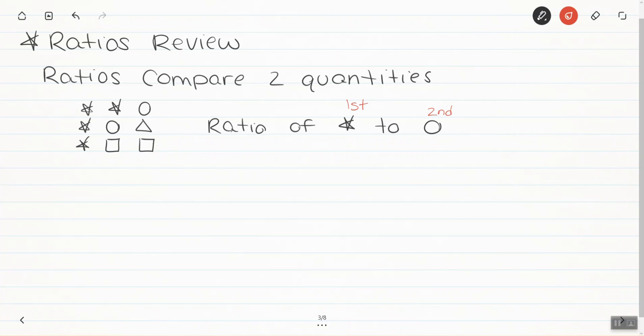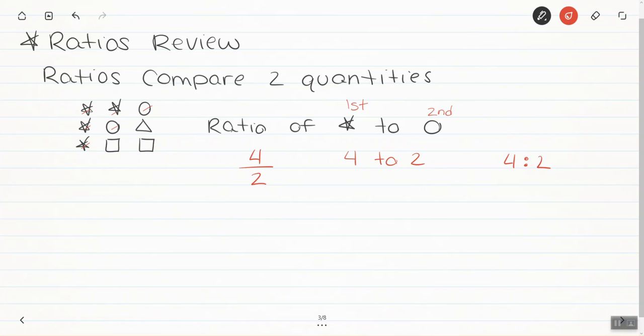So if I count up the stars, there's 1, 2, 3, 4 stars, and 2 circles. So it'd be a 4 to 2 ratio. You also could write it as a fraction 4/2 or with the colon 4:2. And all three ways of writing that would be correct.